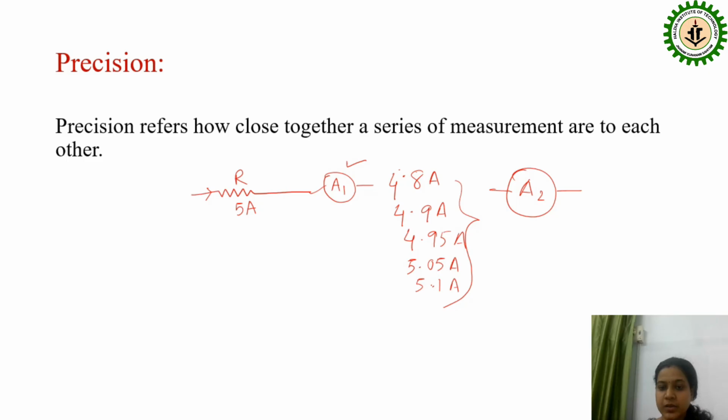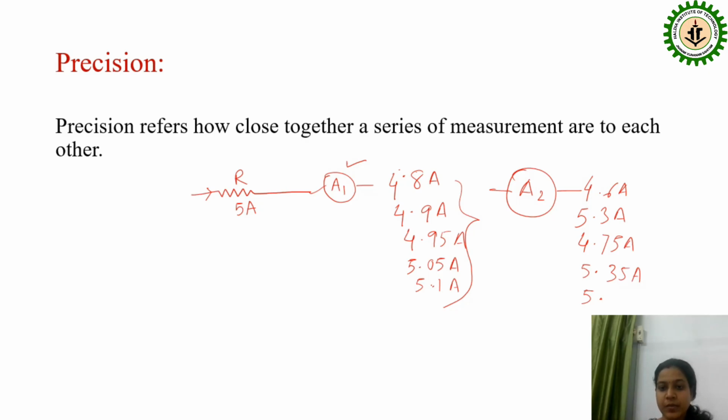Here the same number of experiments we are going to do, and for each experiment the value of the unknown parameter is coming: let 4.6 ampere, 5.3 ampere, 4.75 ampere, 5.35 ampere, and 5.4 ampere.